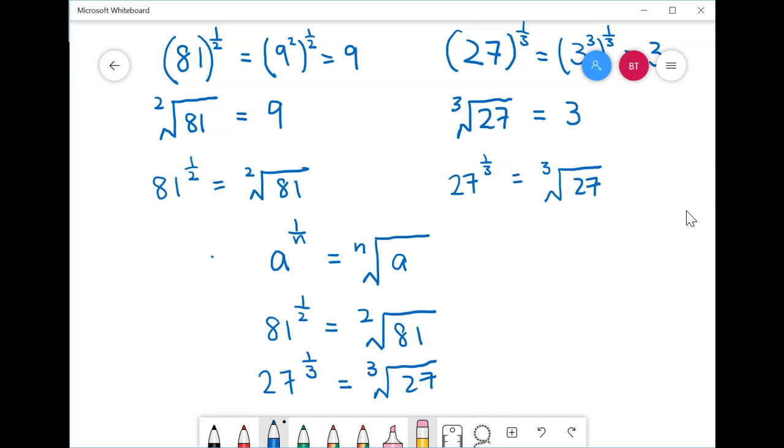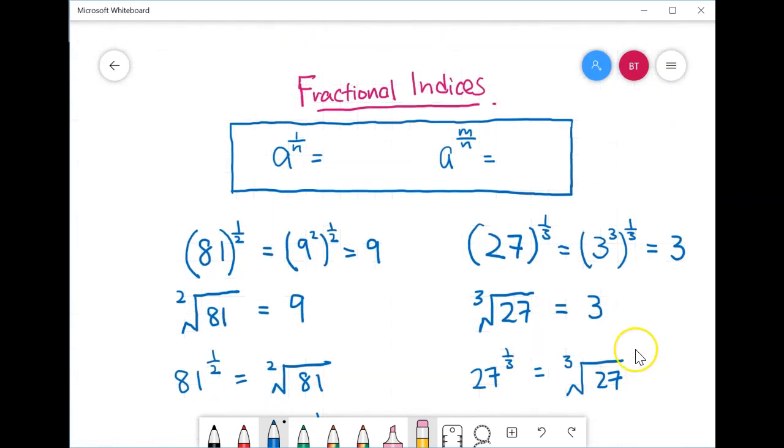So we conclude this result, and therefore we can generalize that a to the power of 1 over n is just the nth root of a. What is more useful actually is converting nth roots of a into a to the power of a fraction. In the next part, I'm going to explain what really is a to the power of m over n.